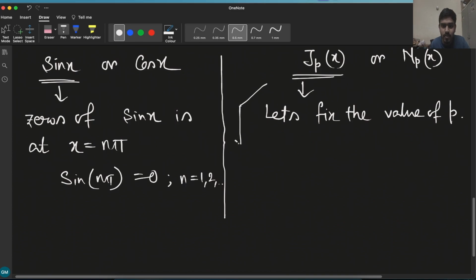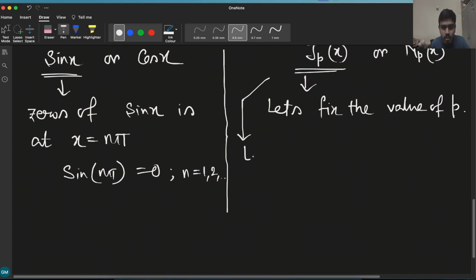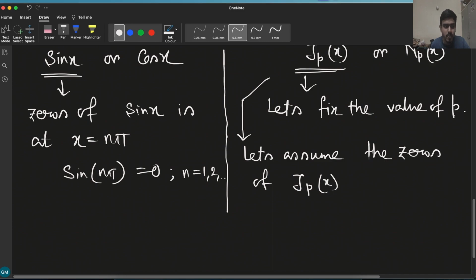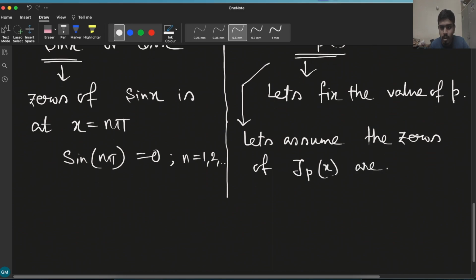Let's fix the value of p, and let's assume that the zeros of J_p(x) are at x equals alpha 1, alpha 2, alpha 3, and so on.